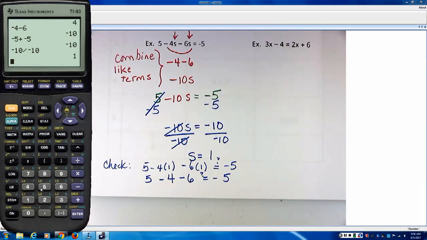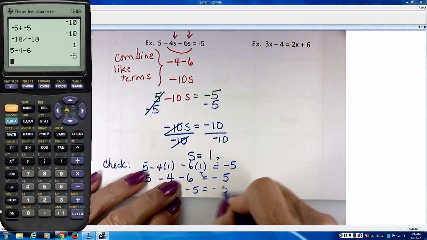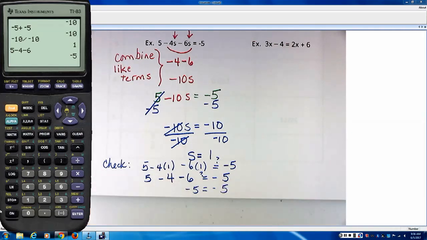Now 5 minus 4 minus 6 is in fact equal to negative 5. Okay?